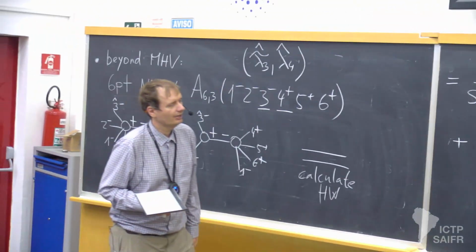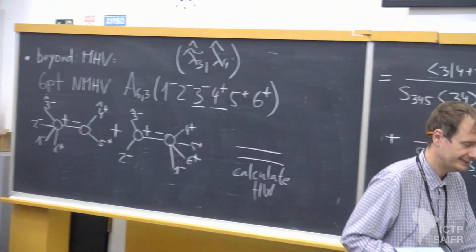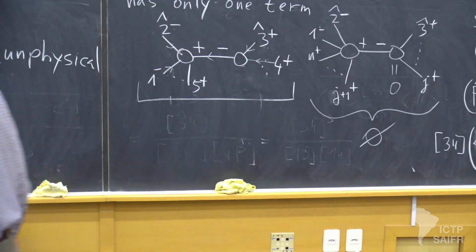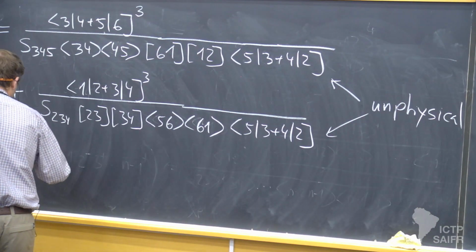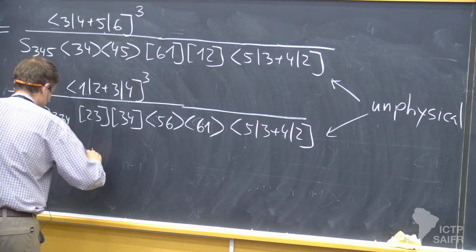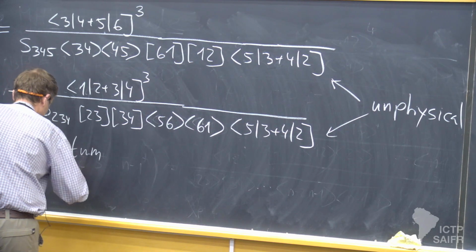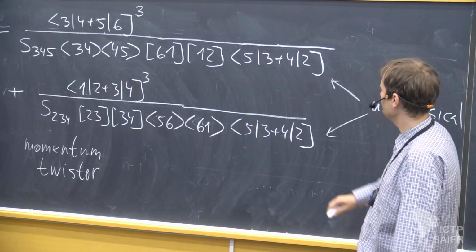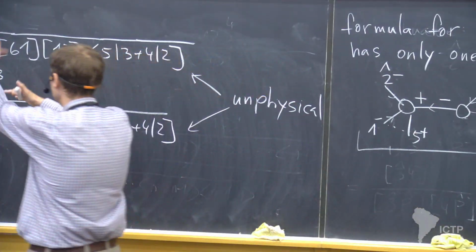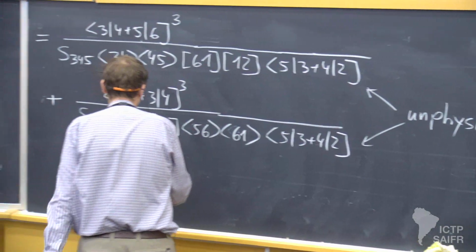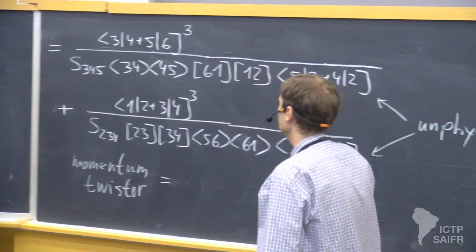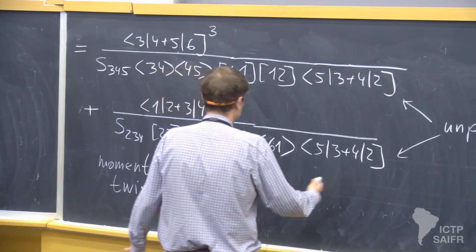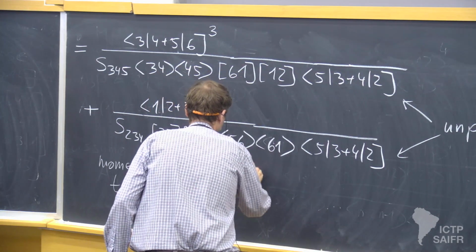So he used a different set of variables, not momentum variables or spinor helicity variables, but so-called twistor variables, in his version, momentum twistor variables, as the right variables to expose these cancellations. He took these two formulas and rewrote them in terms of momentum twistors. The explicit formulas will not tell you much, but I will just flash them here.